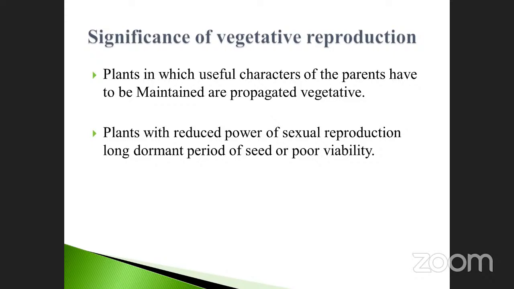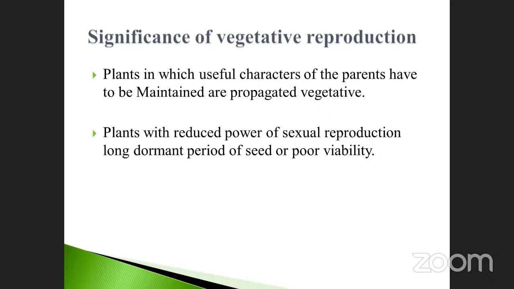Take an example of banana. When you plant the rhizome, what will happen? It will produce a pseudostem, and finally it produces the entire plant. Suppose we need more plants. There is a seed, but when you plant the seed, it is also stunted in nature. A staminode is present, like that.